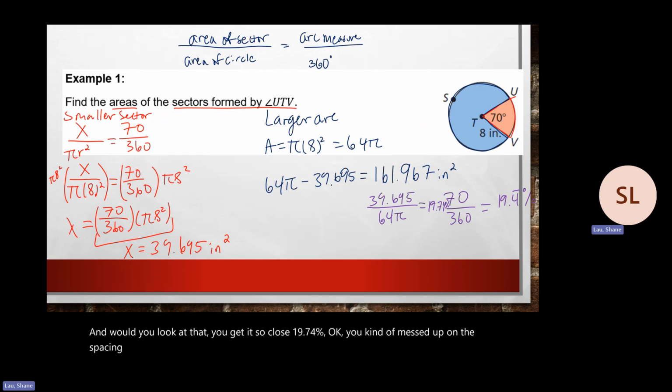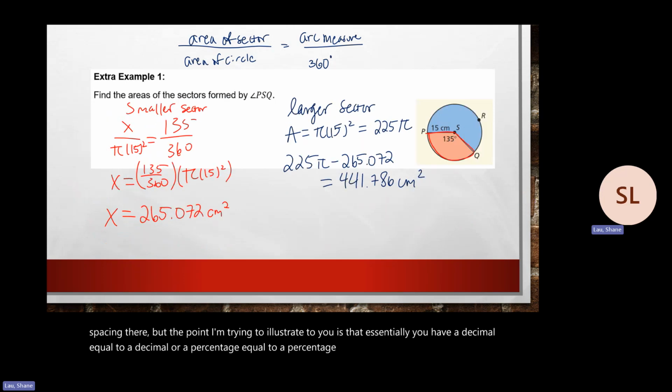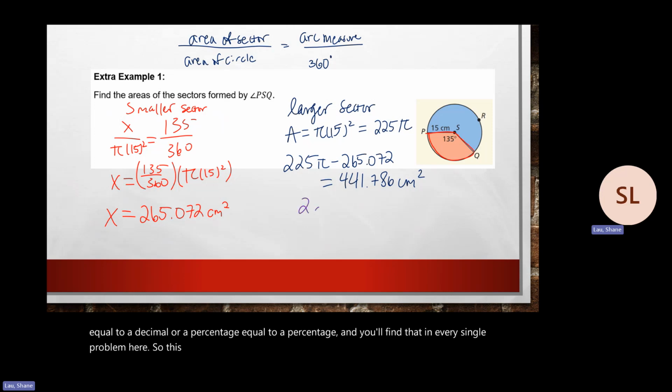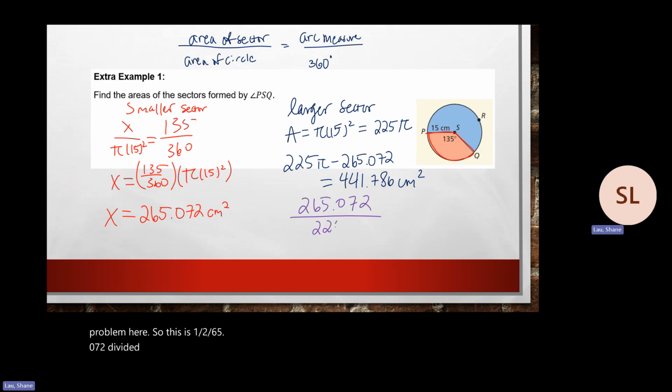The point I'm trying to illustrate is that essentially you have a decimal equal to a decimal, or a percentage equal to a percentage, and you'll find that in every single problem here. So here's this one: 265.072 divided by 225 pi, we get the value of 0.375.